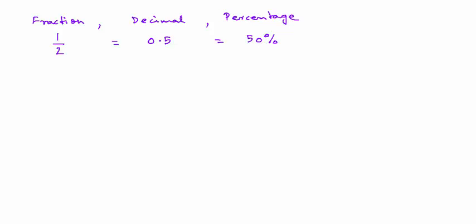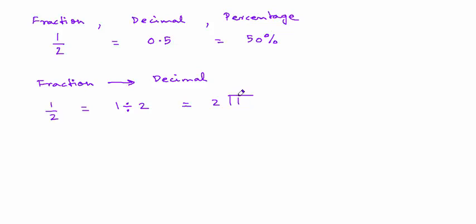In this video, we are going to learn how to convert from one form to the other. To change a fraction to its equivalent decimal, you just divide the numerator by the denominator. Take for example 1/2. The fraction 1/2 is nothing but the division of 1 by 2, like this.